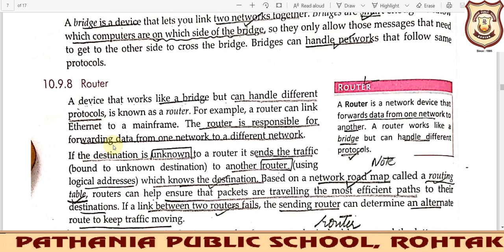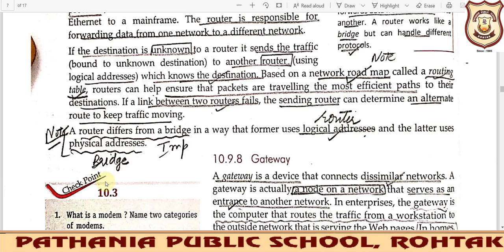The routers in between are not aware of the destination. They just pass the data given by one router on to another router, so that the final router may send the data to the required destination. For doing this task, they maintain a routing table.